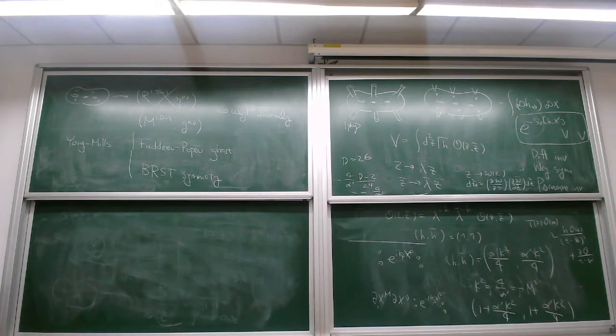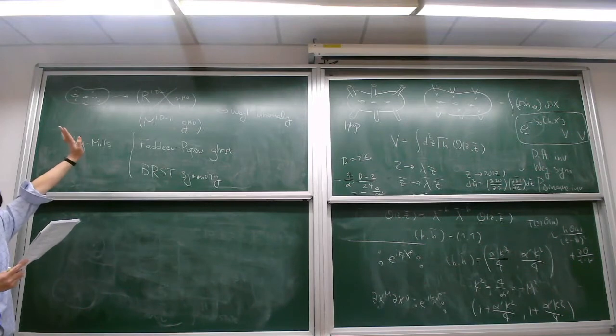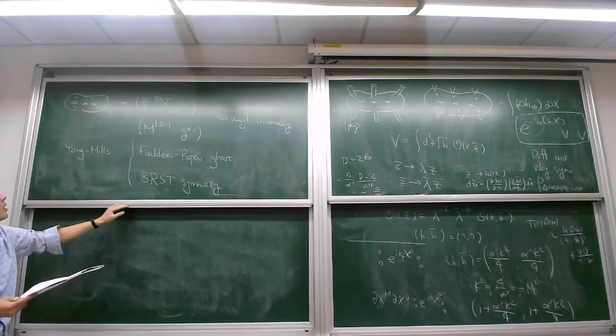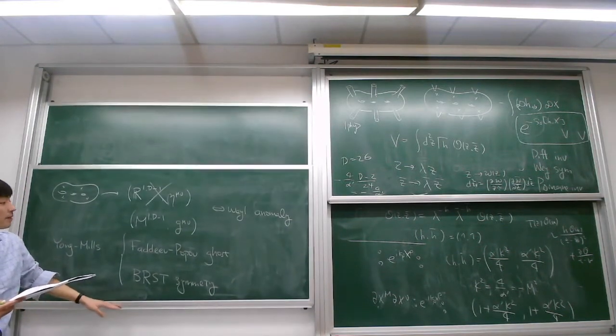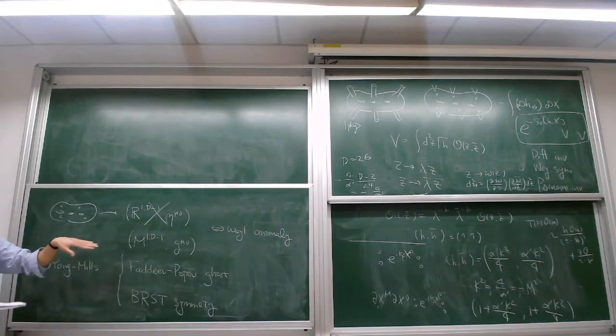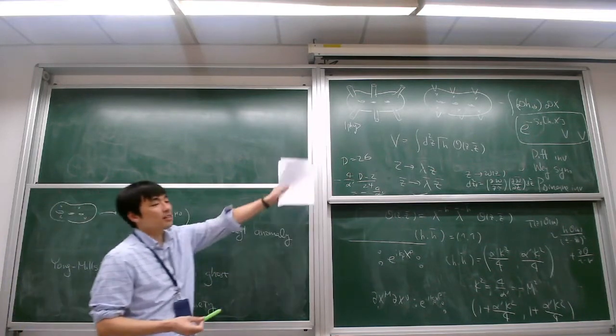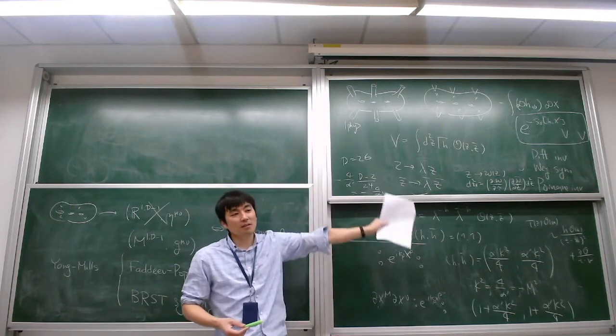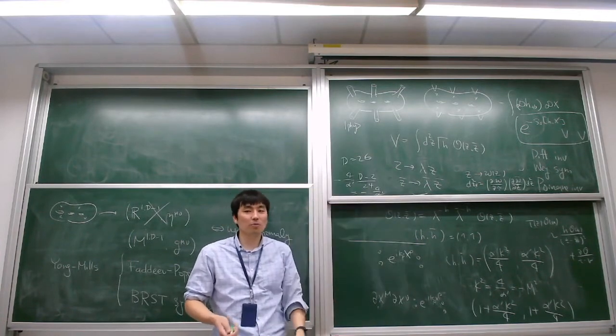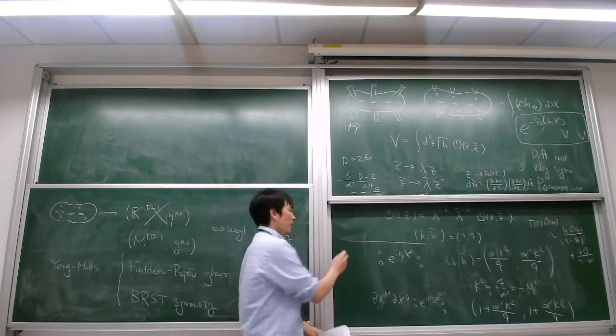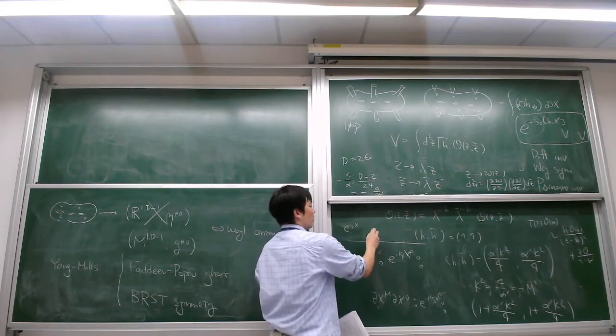So let's consider the Weyl anomaly. So far, we have only considered a flat 2D CFT in flat background: the plane, strip, or cylinder.